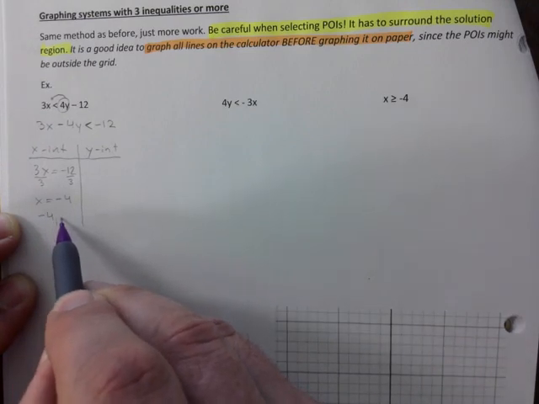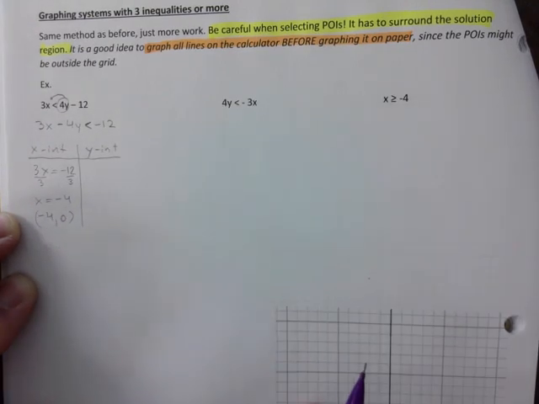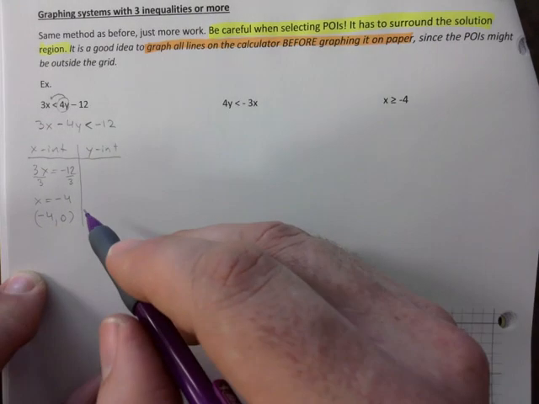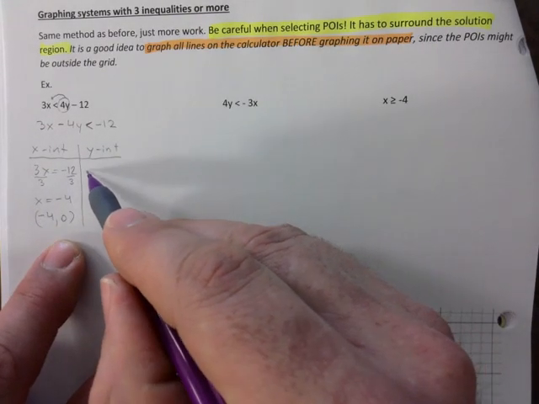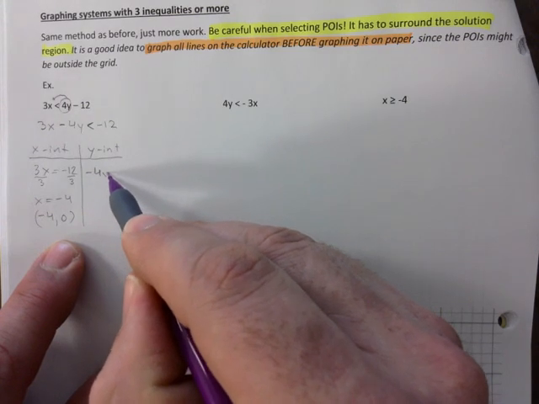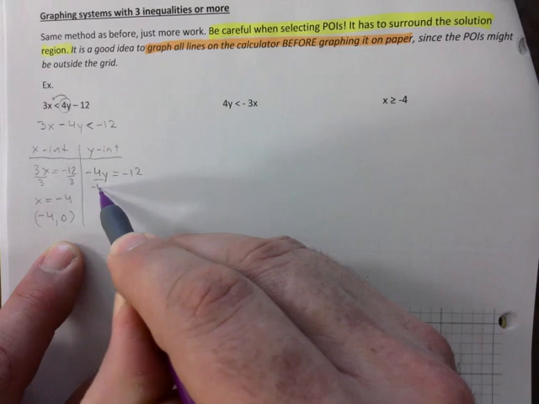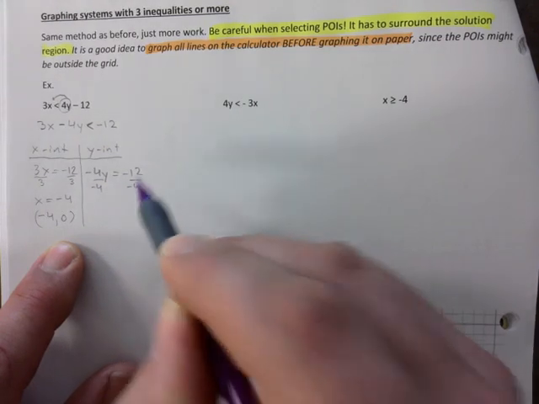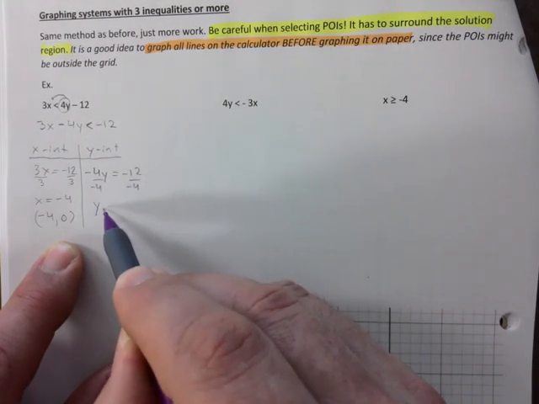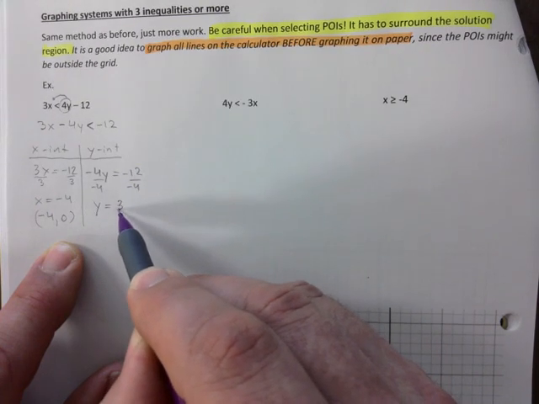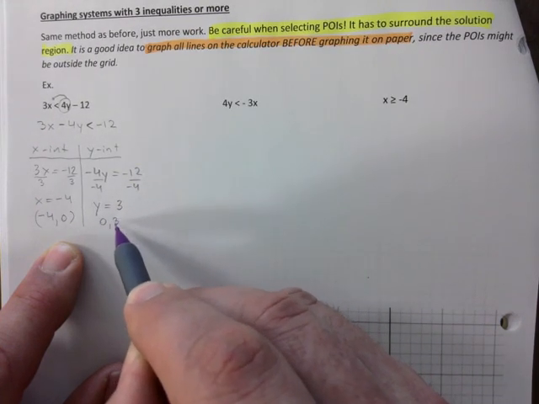That means that the intercept is negative 4, 0. Y-intercept. Negative 4y is equal to negative 12. Divide both sides by negative 4. Y is equal to negative 12 divided by negative 4 is 3 positive. So it's 0, 3.